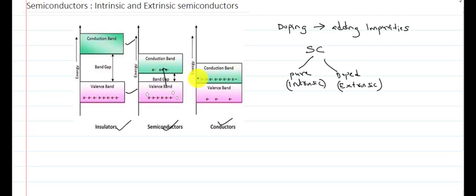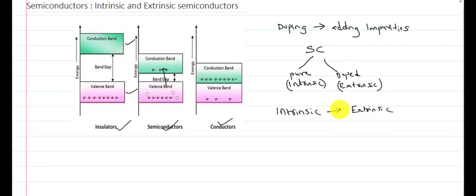The semiconductors are classified as intrinsic and extrinsic. The purest form semiconductors are known as intrinsic semiconductors. If we dope the intrinsic semiconductor, we will get the extrinsic semiconductor.